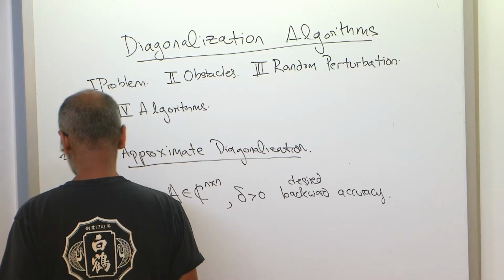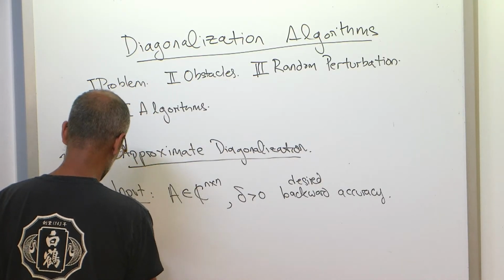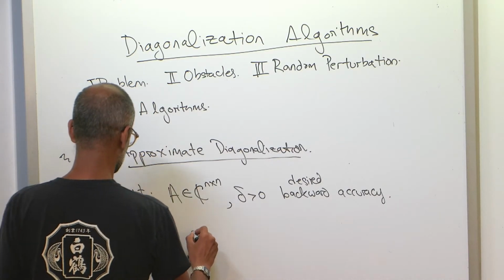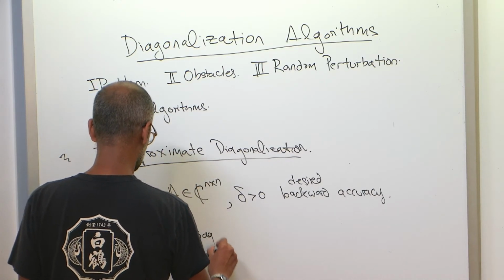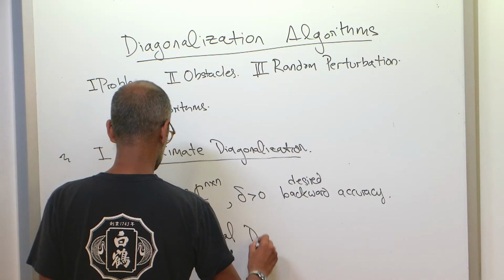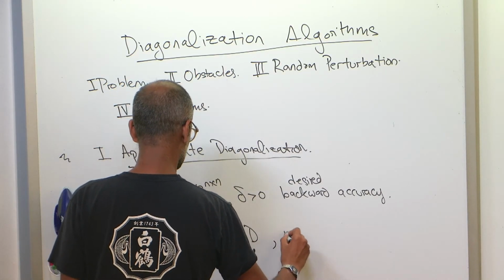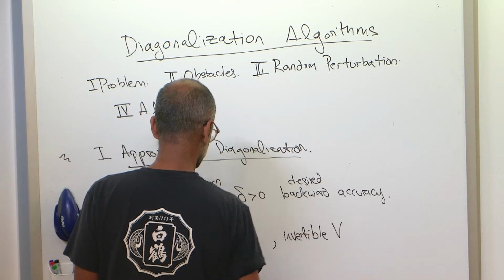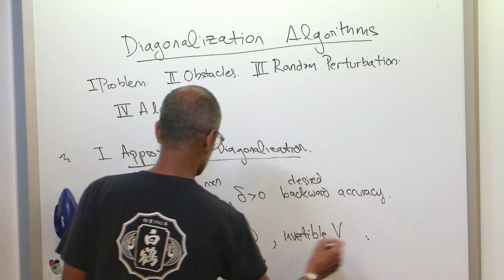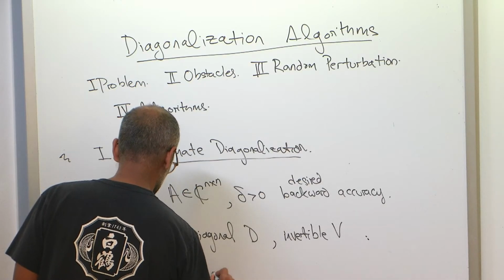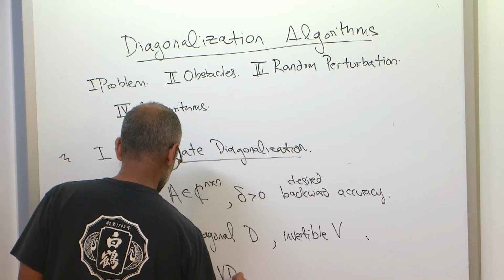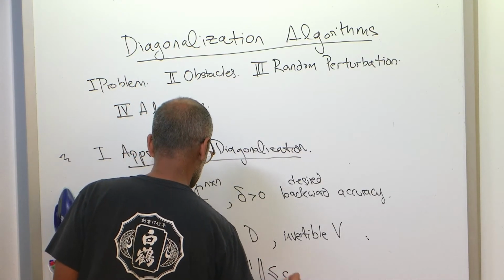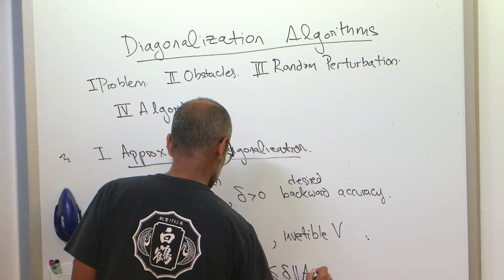So what does that mean? What's the correct output of this problem? The output is a diagonal matrix D, also n by n, and an invertible matrix V, such that the input A is close to VDV inverse in the operator norm, up to this desired backward accuracy of delta.